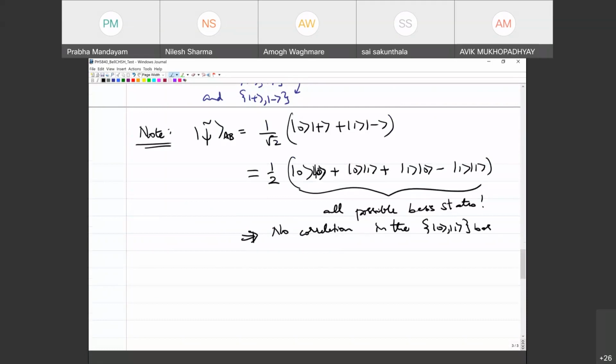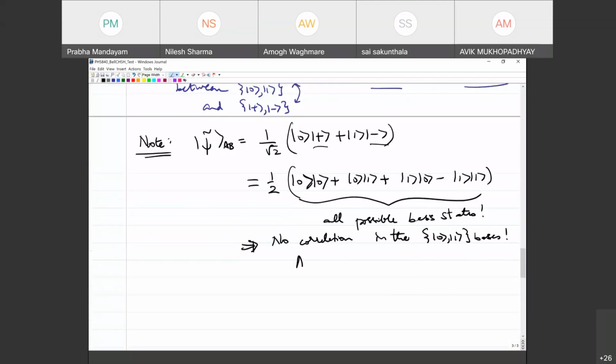It's only when you measure the second qubit, in this case the B system, in the plus, minus basis that the correlations manifest. Is this idea clear? If you measure both the qubits in the 0, 1 basis, all outcomes are possible. All 4 classical outcomes are possible.